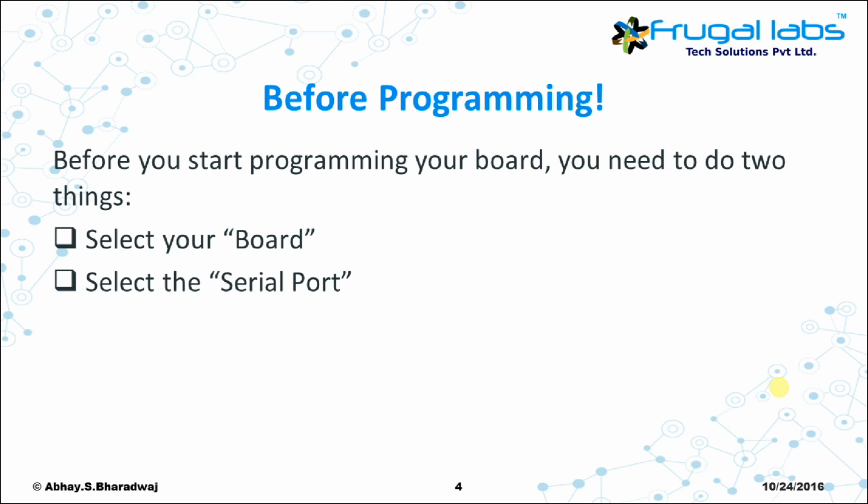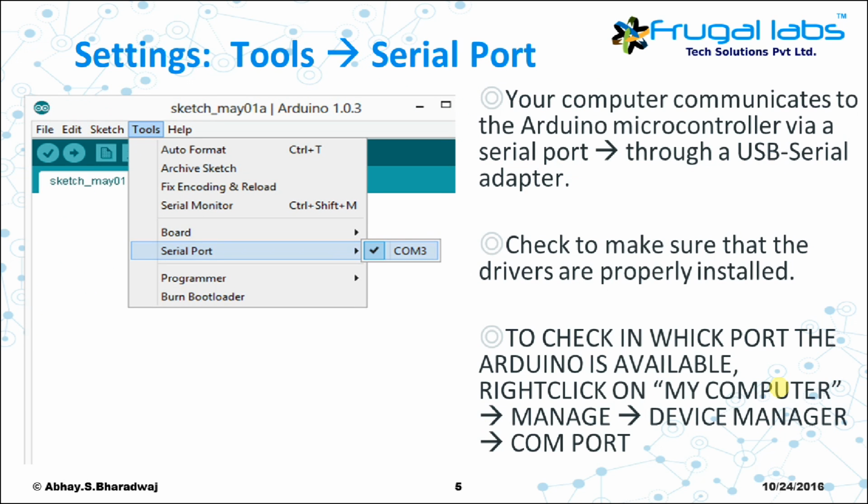Before programming, you need to remember this, right? Every time before you start programming, you need to do two things. First is to select your board, and the second is to select the serial port. For selecting the serial port, you need to open your Arduino IDE, and after you have connected the board to your computer, go to the tools option and come down to the serial port option.